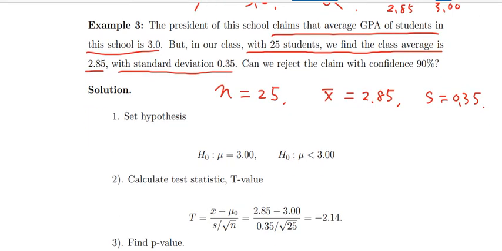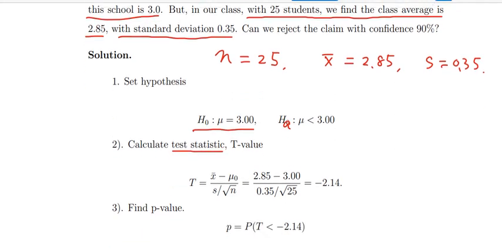So first, the hypothesis. H0 is mu equals 3.0, and HA is mu less than 3.0, right? Here we're talking about not so good, so less than. Then we calculate the test statistic.